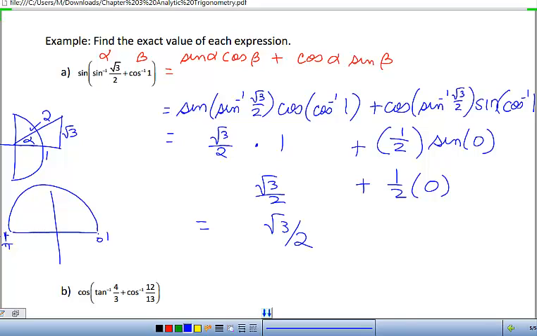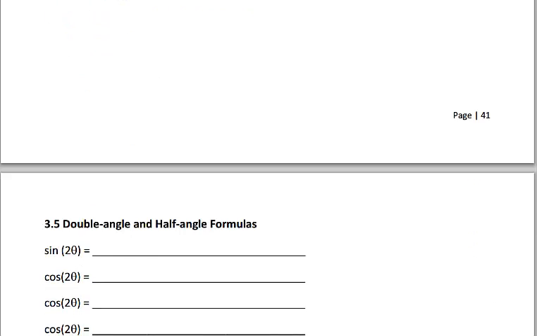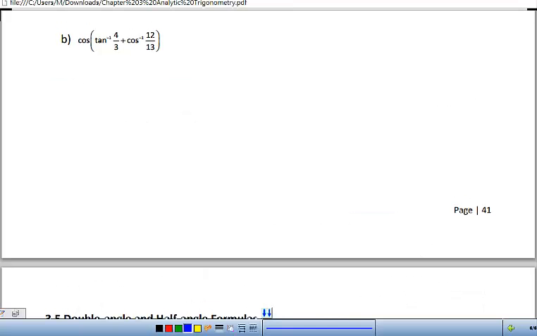Okay, let's try that again in this next example. So we've got cosine of tangent inverse of 4/3 plus cosine inverse 12/13. Again, the output of the inverse function is an angle, so I'm going to think of these things as alpha and beta. And so I'm going to start by writing out my cosine formula.